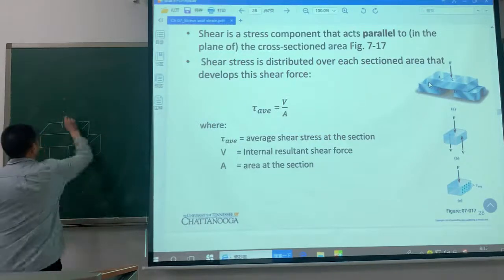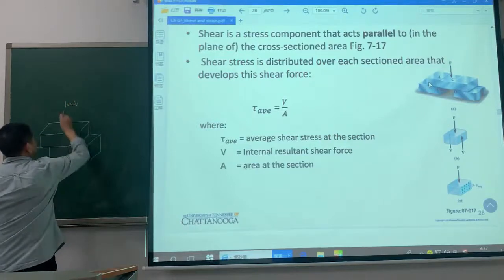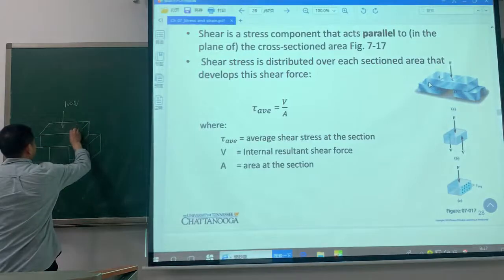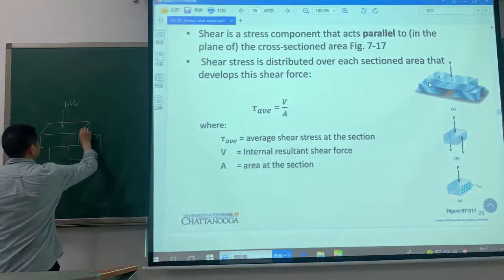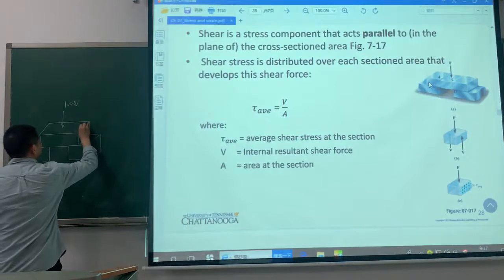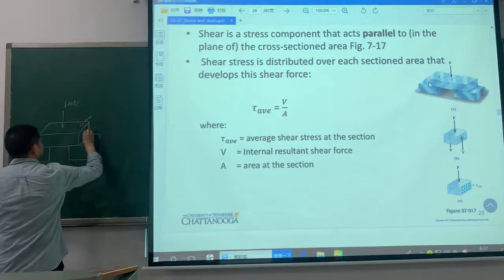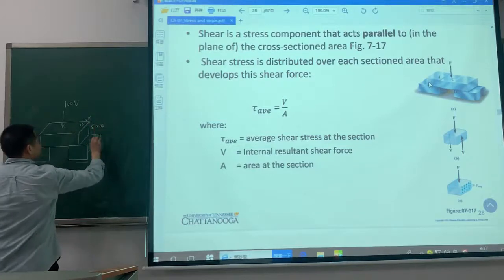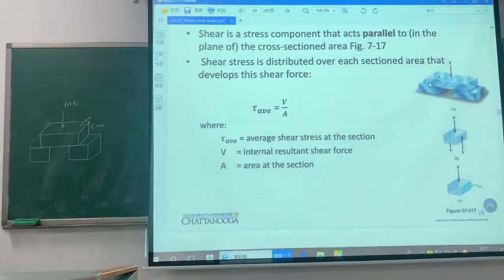Suppose the force is 100 Newton. The dimension is 10 millimeter. The head is 5 millimeter. Let's find the shear stress in the top block. Okay?